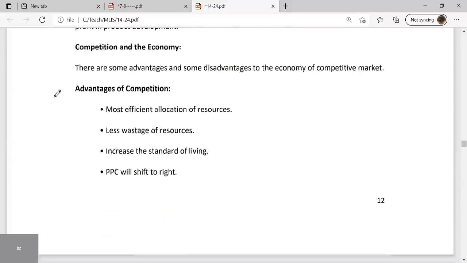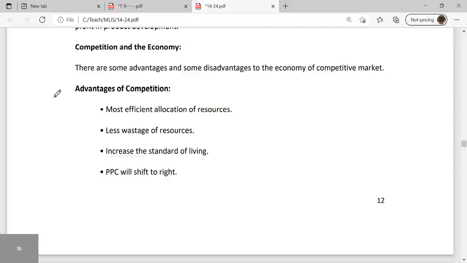Now let's think about it from the perspective of the economy. Competition is a very good thing because allocation of resources will become more efficient. There will be less waste of resources. Standard of living will rise because people can now afford goods at a lower price and higher quality.